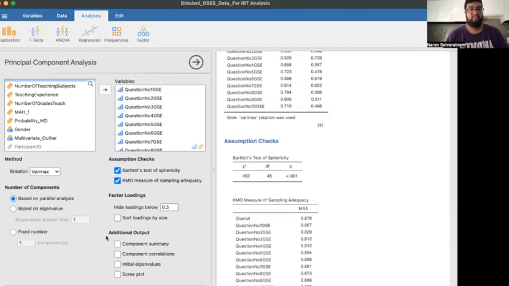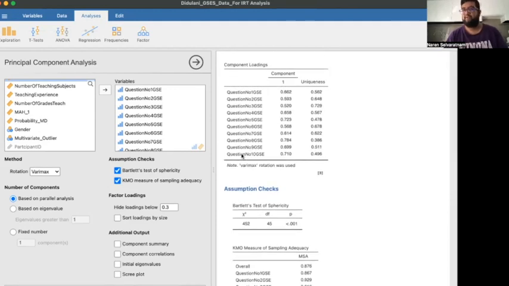Okay, now here there's another option called rotation. Now, some of you might not know what a rotation technique is. Let's say you have a unidimensional solution, a one factor solution. In that case, sometimes we don't need to use any rotations. If the loadings fall under one factor without any issue, then we have nothing to worry about.